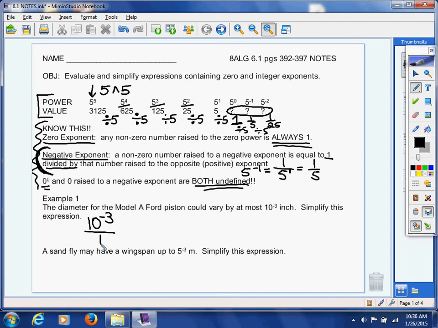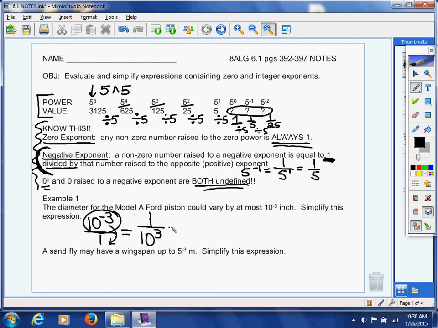The only way that I could lose that negative exponent is to move it. So I'm going to do what my directions said above: take 1, put that in the numerator, and then move that base and that negative exponent to the denominator. If I move it to the denominator, the exponent becomes positive.